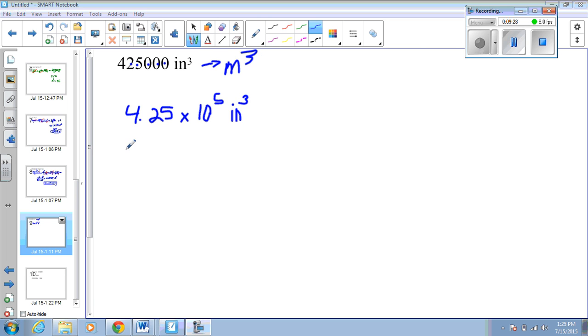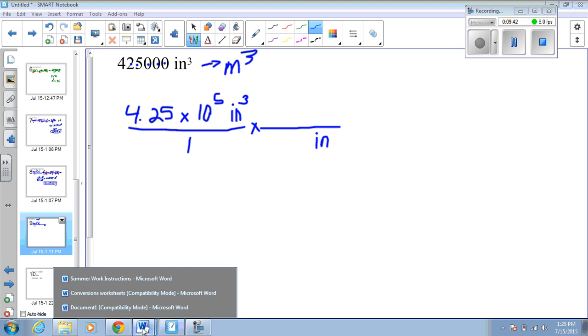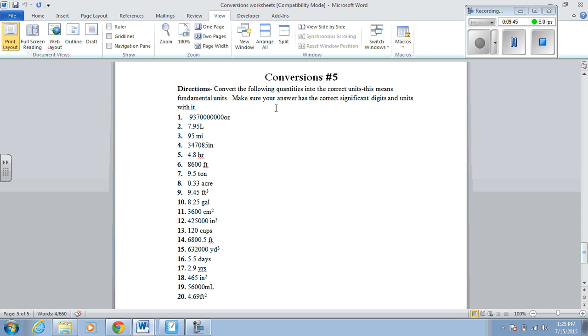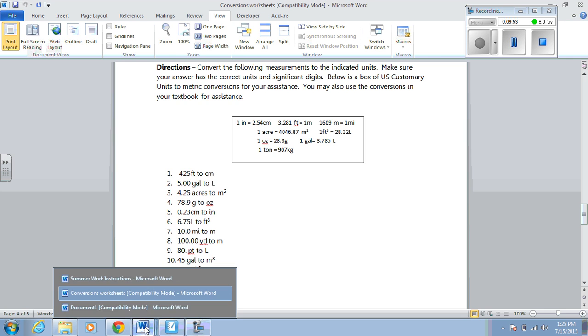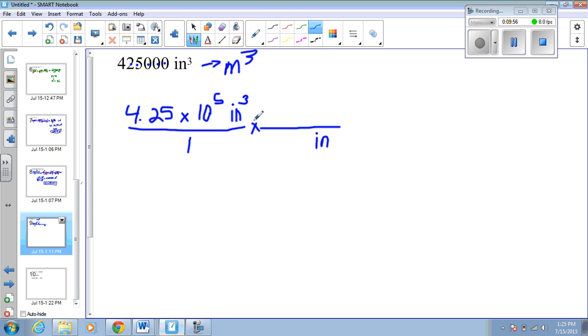So I'll rewrite this 4.25 times 10 to the 5th inches cubed. What you're converting from is inches, and I don't have an inches to meter conversion. But if I look back, I've got inches to centimeters, so I can go from inches to centimeters, and I know I can do centimeters to meters. So inches to centimeters, there's 2.54 centimeters in an inch, but this needs to be cubed.